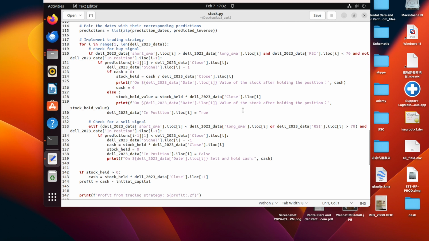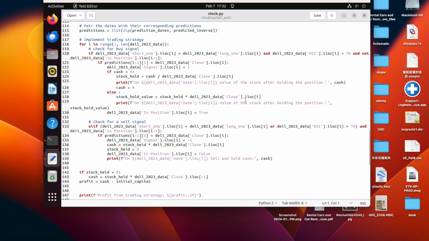At the same time, if the RSI value is over 70, this means that the stock is overvalued. So it also increases the selling signal.